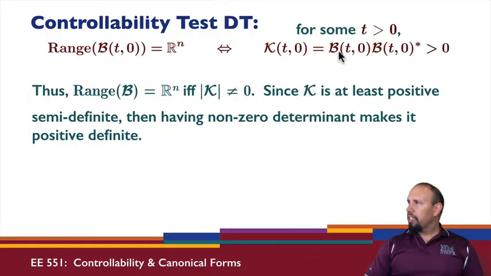So we know that because of the way K is formed as B adjoint, that it's at least positive semi-definite. Okay, there's no way I can get a negative eigenvalue out of this. All right, but having zero determinant in this matrix would mean that the range of B is not all of Rn, because the range of this is the same as the range of that.